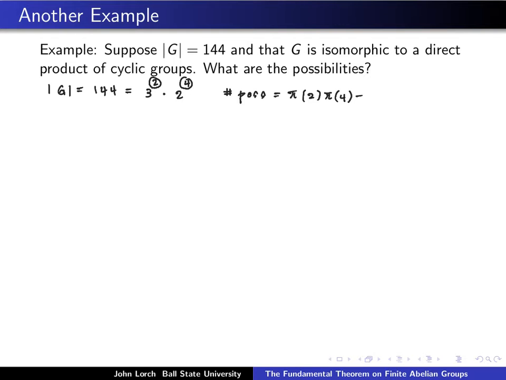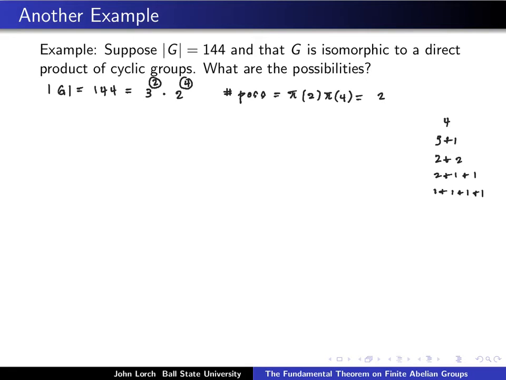Now we already saw in the previous slide that there are only 2 ways to write 2 as a sum of positive integers. How many ways are there to write 4 as a sum of positive integers? Well, you could have just 4 by itself, or you could have 3 plus 1, or you could have 2 plus 2, or you could have 2 plus 1 plus 1, or you could just have 4 ones.